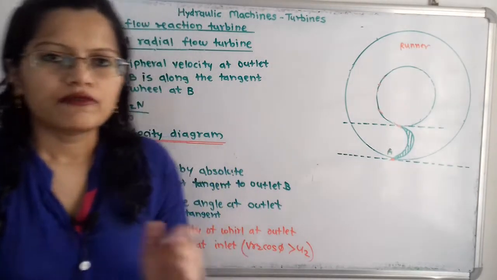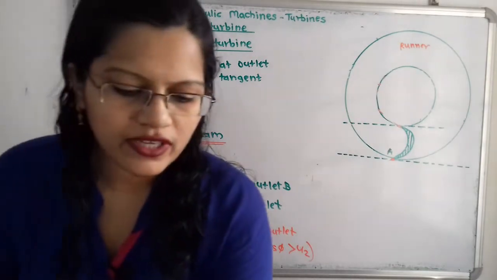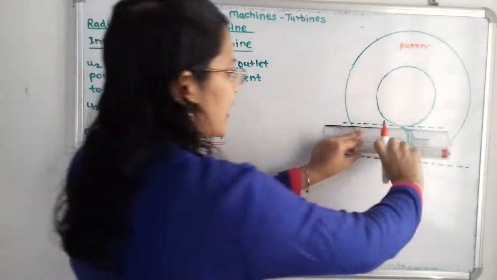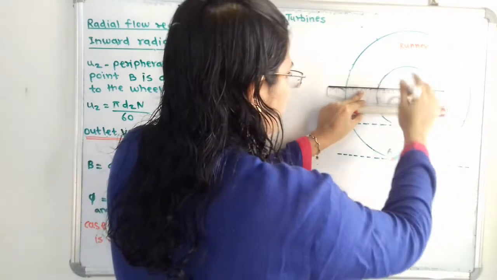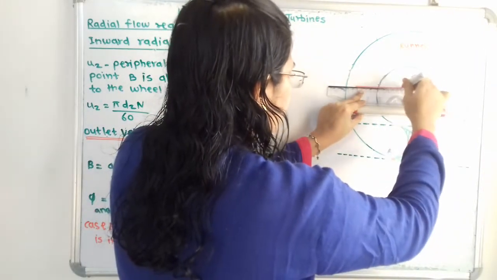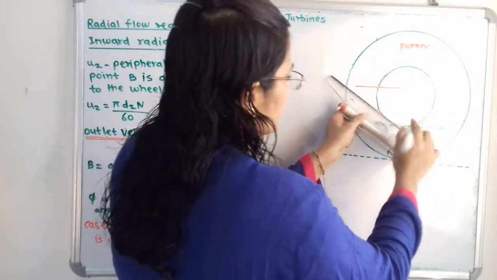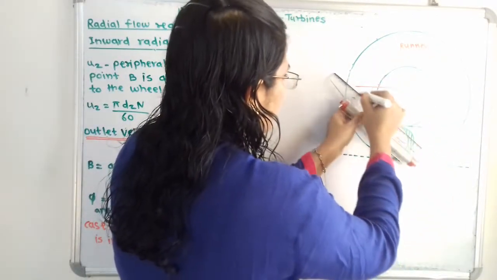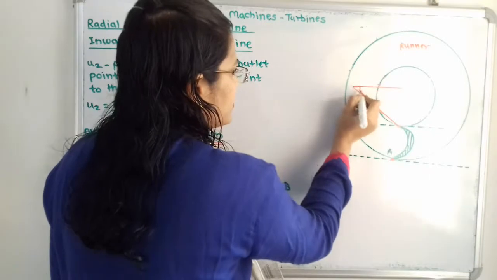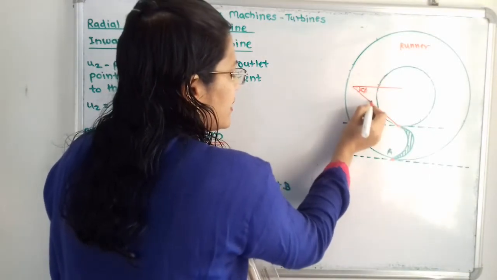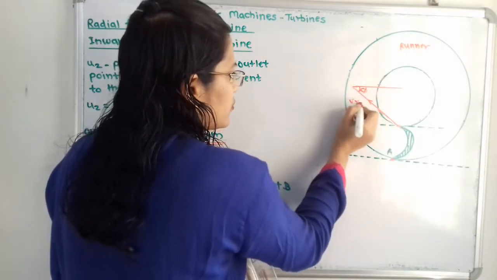So first I will draw one line parallel to the tangent, and then with this angle phi I will draw the relative velocity at the outlet. Here is the angle phi, here is VR2.